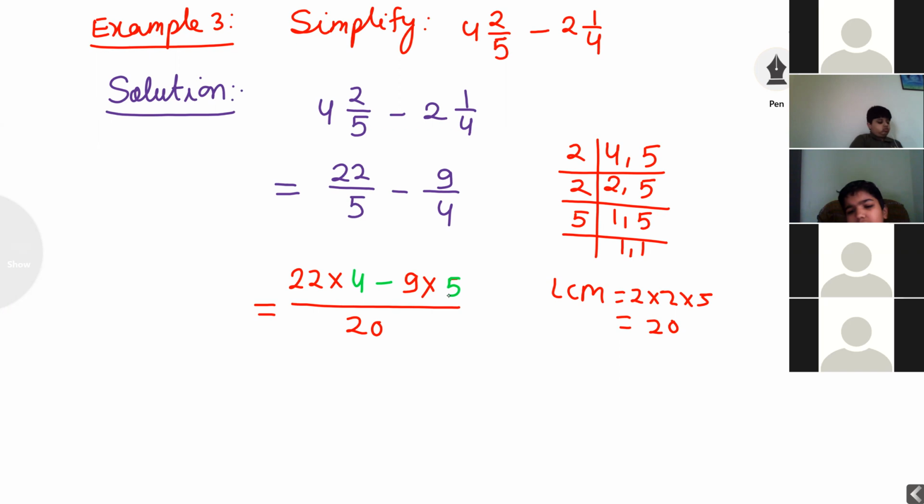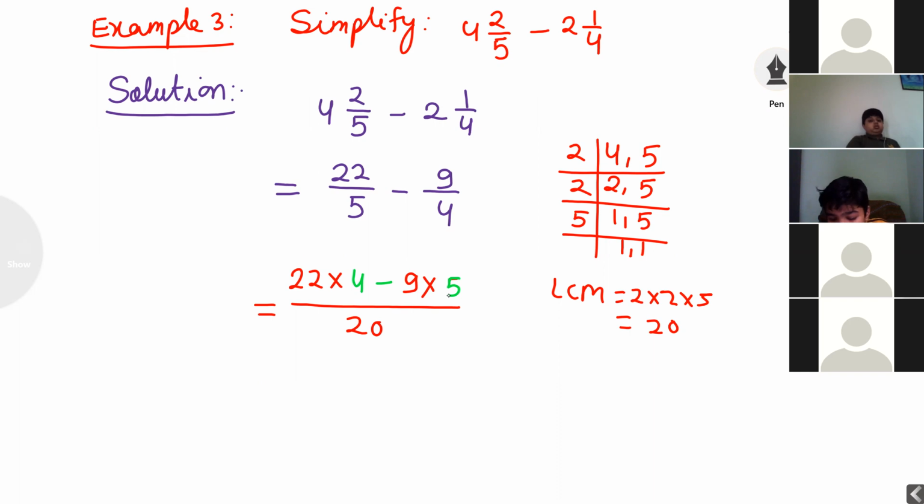Again listen carefully. Firstly, mixed fraction I have converted into improper fraction: 22 by 5, 9 by 4. Again denominators are different. If denominators are different, we want to take LCM concept or cross multiplication. Any method you can follow, student. After LCM has come 20, now first numerator is 22 into 20 LCM divided by first denominator. 20 divided by 5 is equal to 4, minus 9 as it is into, again 20 divided by 4 is equal to 5. 9 into 5.